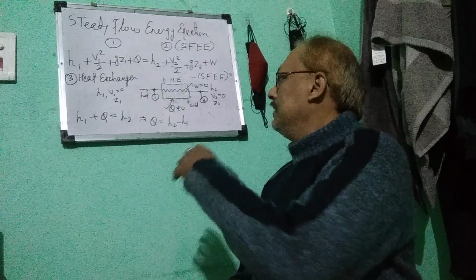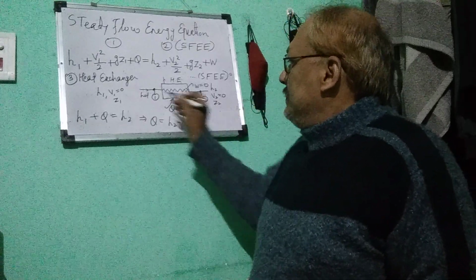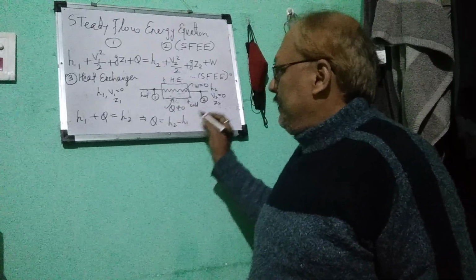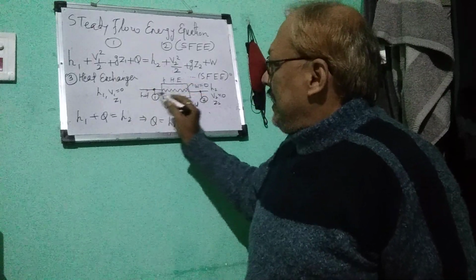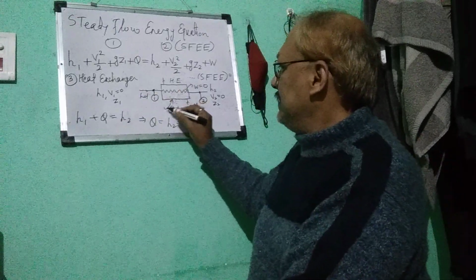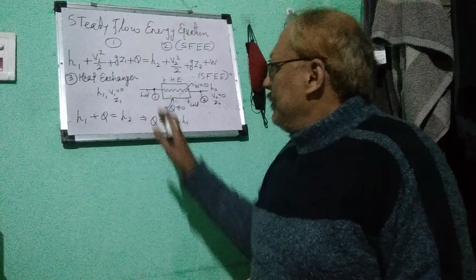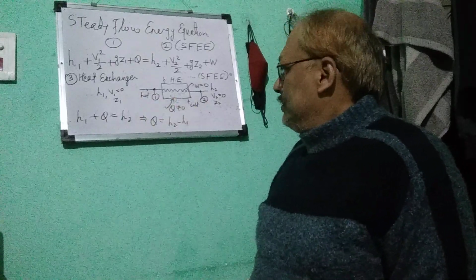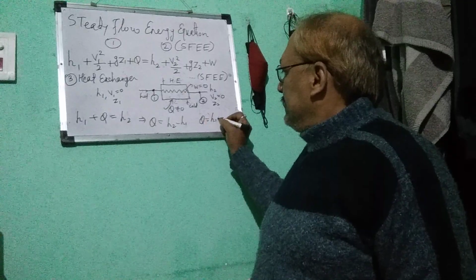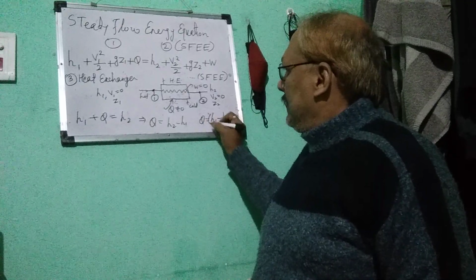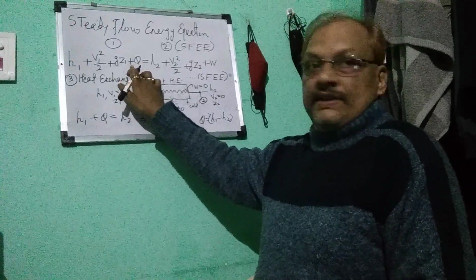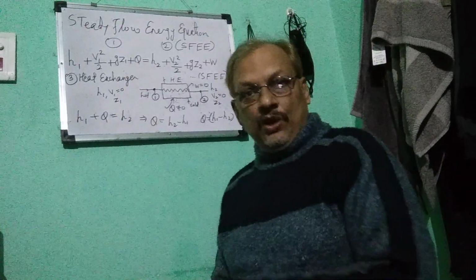If the enthalpy H2 is higher, heating is done, positive heat transfer. In our case it is negative heat transfer, heat is getting rejected. Because it is getting cooled, Q equals H1 minus H2, that is, minus Q in our case.